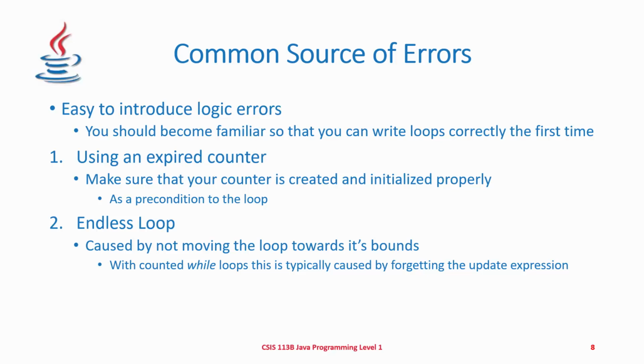You want to make sure the counter is created and initialized properly. Make sure it's a precondition of the while loop, meaning we'll assign that value before we go into the loop. And then endless loops can be a problem too. That occurs when we're not moving toward the bounds, meaning we're not updating the counter variable properly, or we don't have the correct Boolean expression to escape from the loop.